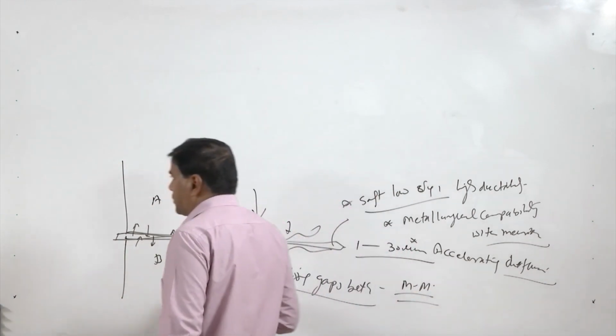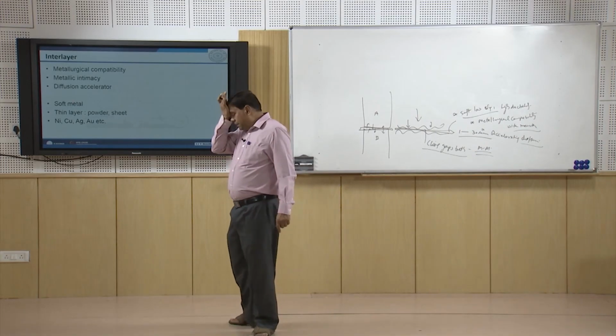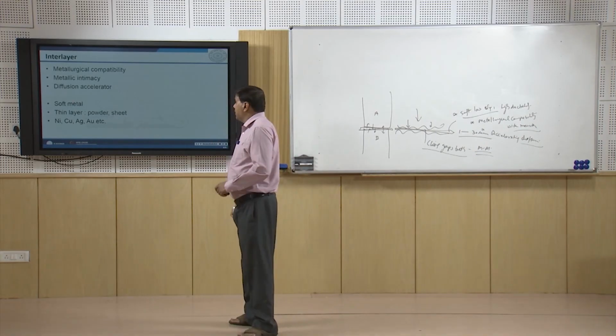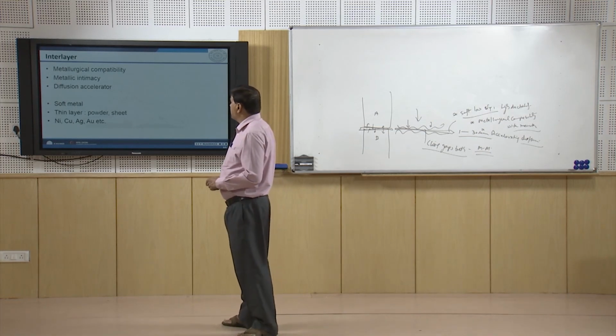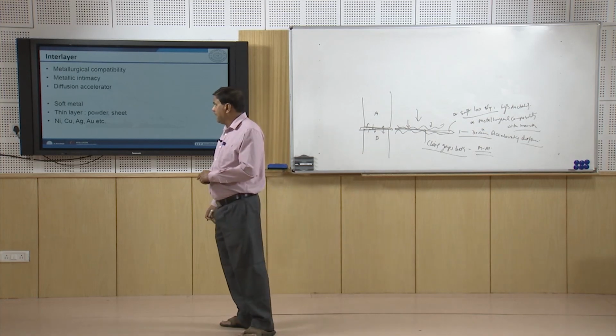So, these are the three functions which are normally achieved with the use of the interlayer: improving the metallurgical compatibility, metallic intimacy and the diffusion acceleration.